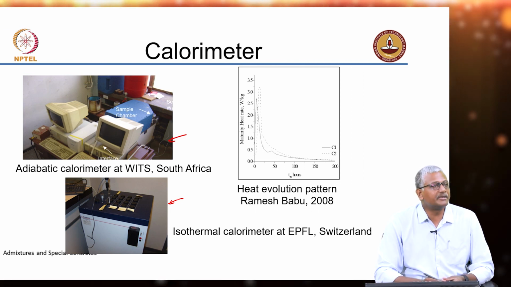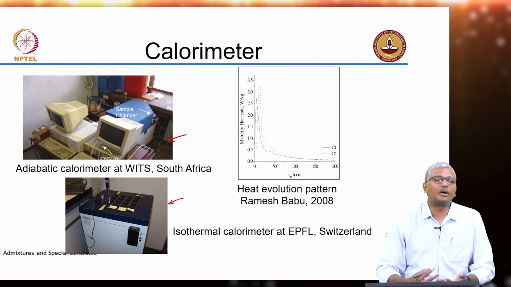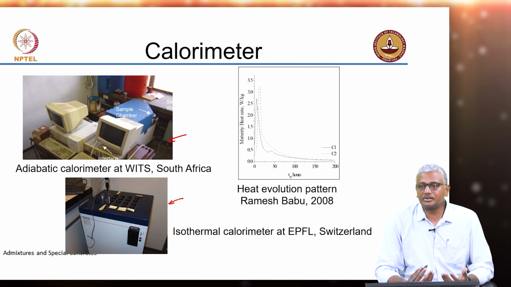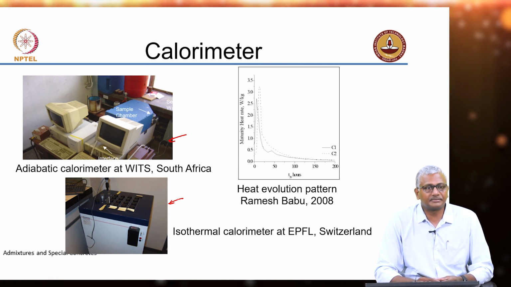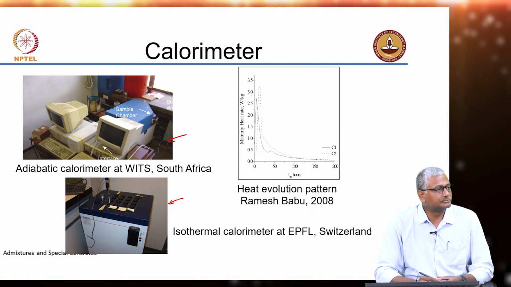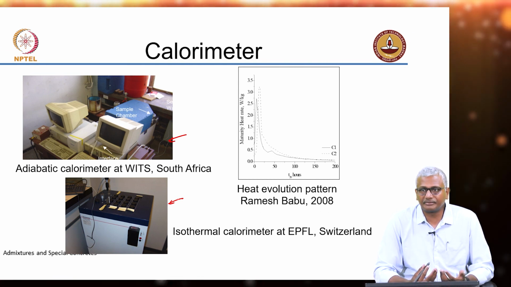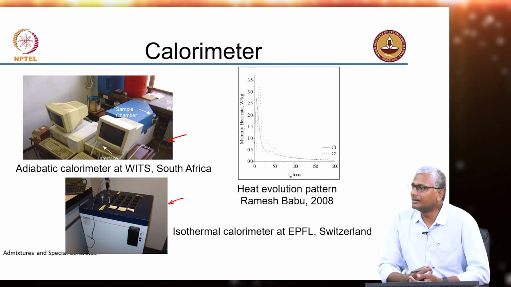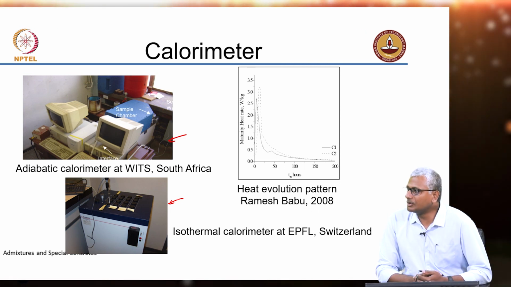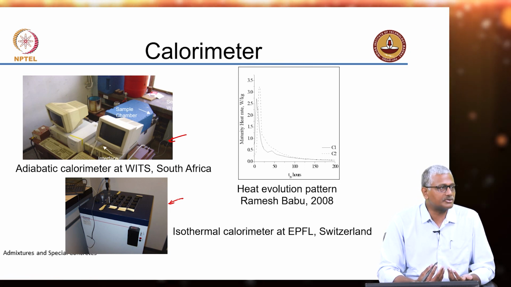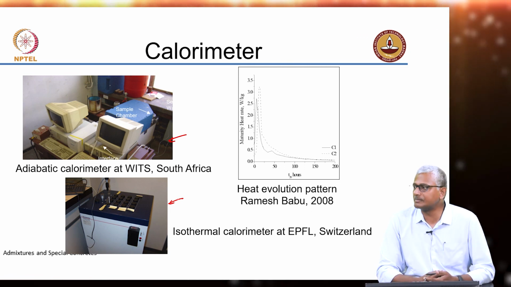But you know that when cement hydrates, its temperature is going to go up. So, how do you maintain an adiabatic condition around a cement that is hydrating? Cement hydrates, temperature increases. So, how do you maintain the surrounding system? Increase the surrounding temperature also at the same rate as the cement system temperature.